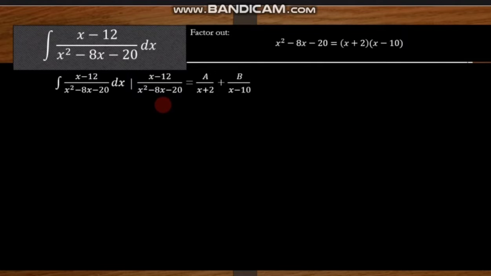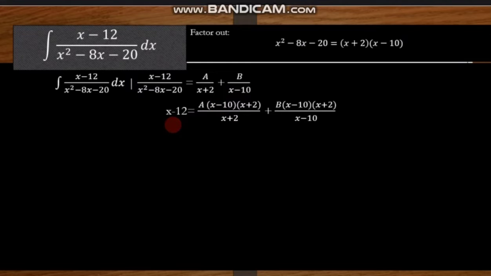That is simply x minus 12 over x squared minus 8x minus 20 is equal to A over x plus 2 plus B over x minus 10. To simplify this, we will just have to cross multiply it.